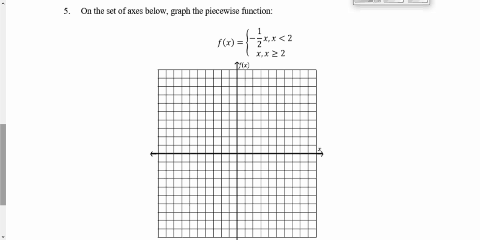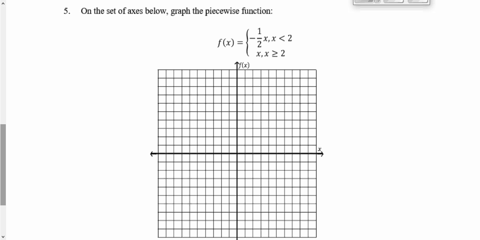We want some values less than 2, and some values more than 2, right? So what would you say would be good? 1. Yeah, maybe start at 0, 1, 2, 3.